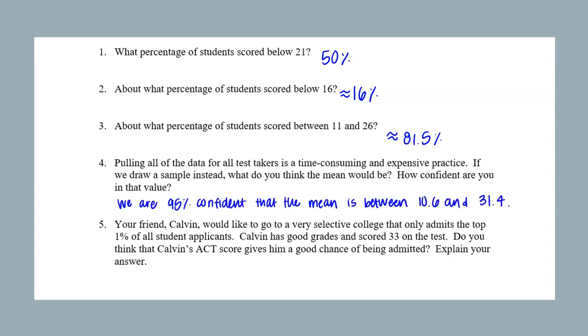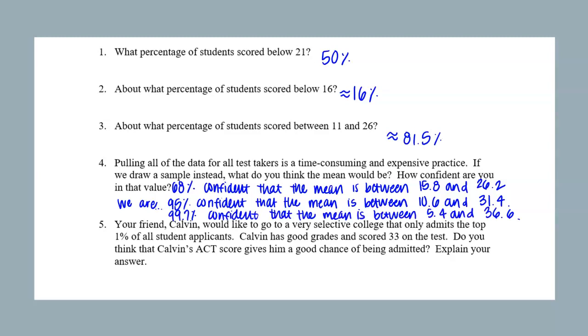I can also use the one standard deviation and three standard deviations, so I could also state that we are 68% confident that the mean is between 15.8 and 26.2. And we can also state that we are 99.7% confident that the mean is between 5.4 and 36.6.